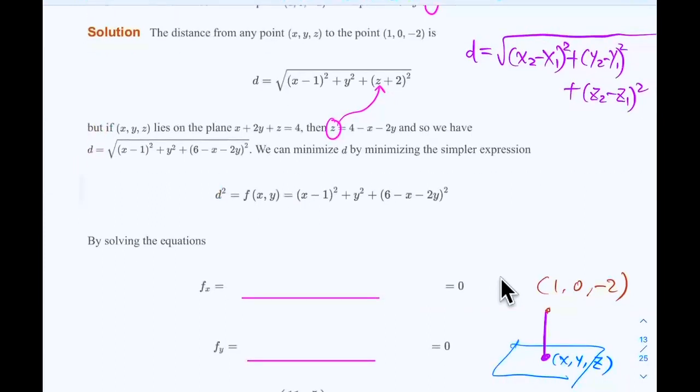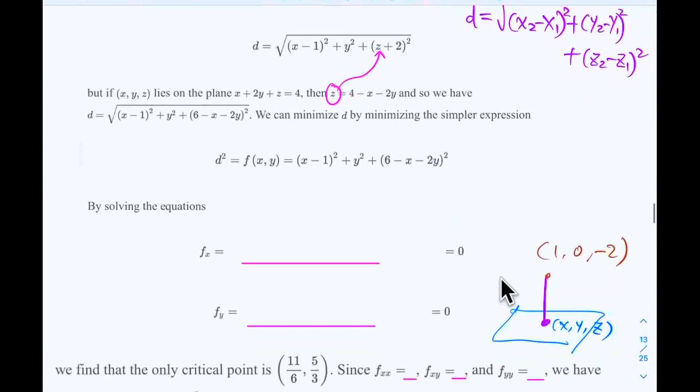Now we try to minimize this, so we need to find the critical points. To find critical points, we set the partial derivatives equal to 0. Everyone tell me, what's the partial derivative of this with respect to x? Let's focus on the term that has x.